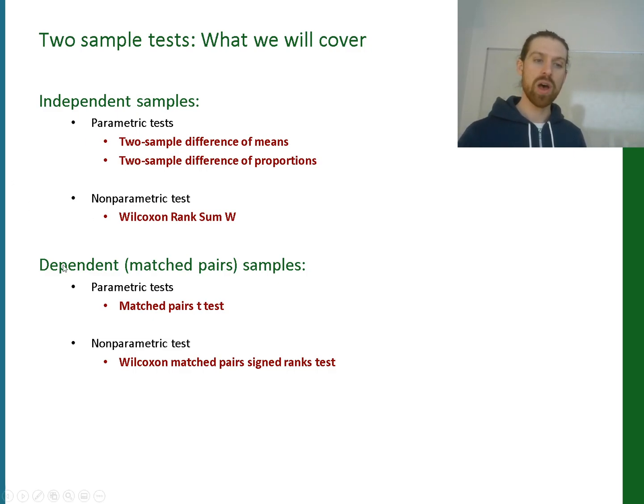And then if your data aren't independent, so I'll explain more about this later, if they're dependent, then you need a matched pairs test. In which case, if the data is parametric, you can use the matched pairs t-test, or if it's non-parametric, you can use the Wilcoxon matched pairs signed ranks test. Okay, so there's a lot there.